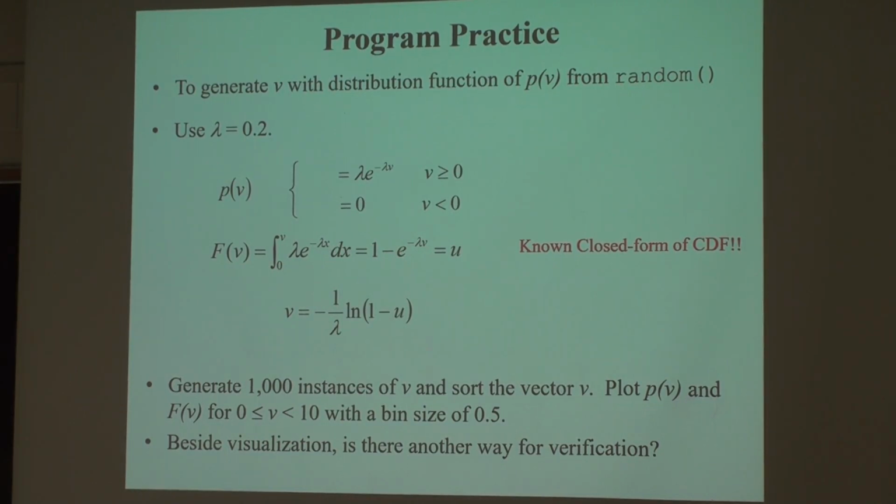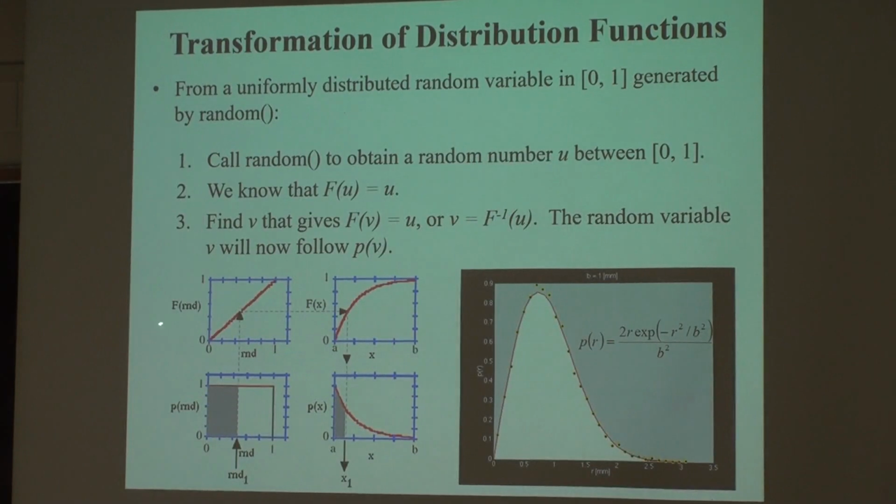Yes? I didn't get that part. How can we equate the cumulative distribution function to U? F of V is equal to U, right? So I map the CDF of the uniform distribution function and the desirable distribution function. This is where it's matched.